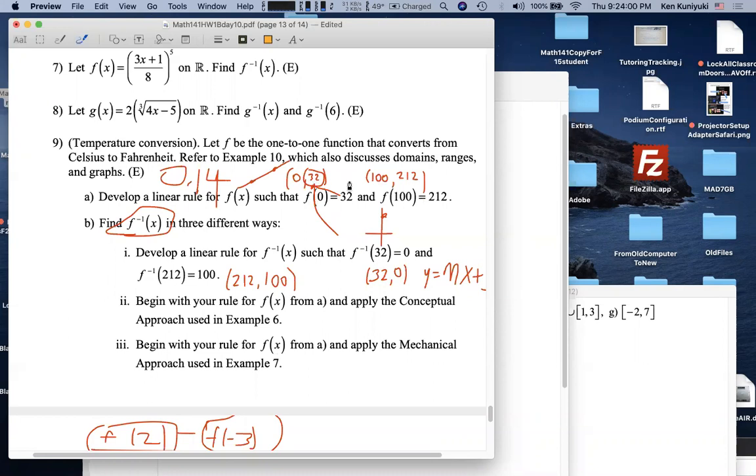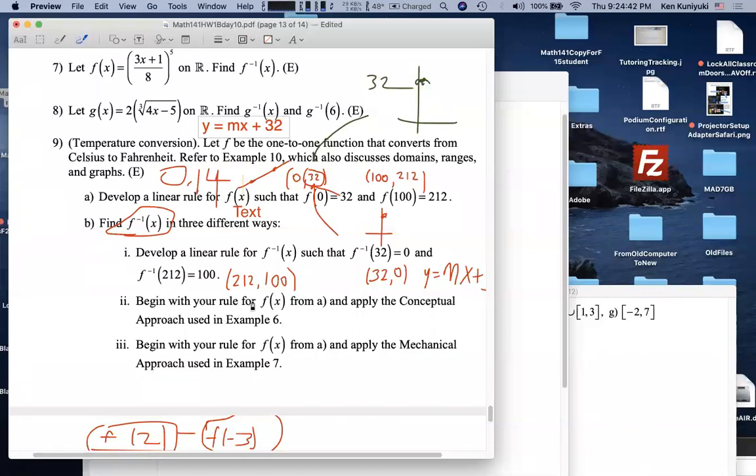And then the b is 32, because that's the y-intercept. Yeah, b is 32, because it corresponds to the y-intercept. So slope-intercept form is y equals mx plus b. You know b is 32. You find the slope is rise over run.